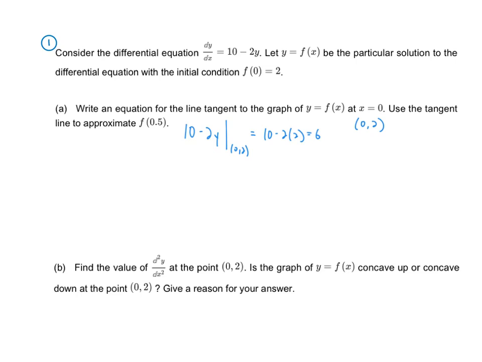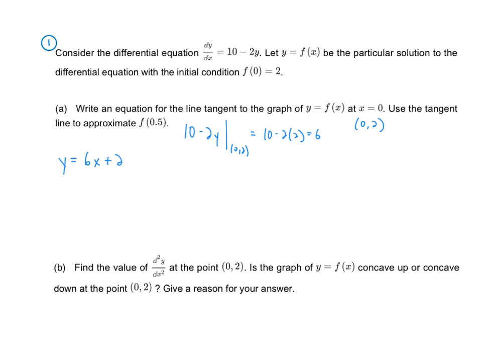Okay, so we have this slope of the tangent line and this point, and notice this point is the y-intercept, 0, 2. So really 2 is b if we're going to use y equals mx plus b. So our tangent line approximation is y equals 6x plus 2.